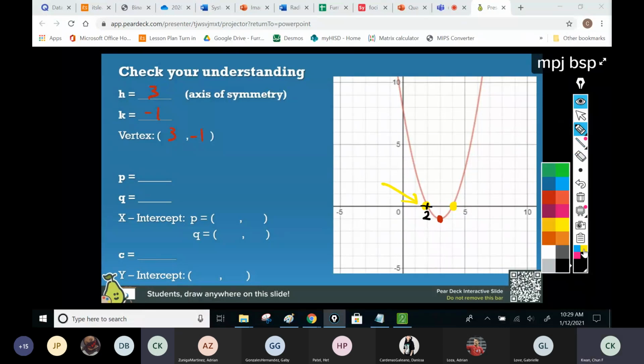So that means the location is going to be 2 and then 0. You have to find out at which number on the x-axis it touched. It touched the 2 on the x-axis. So this is 2 and 0.